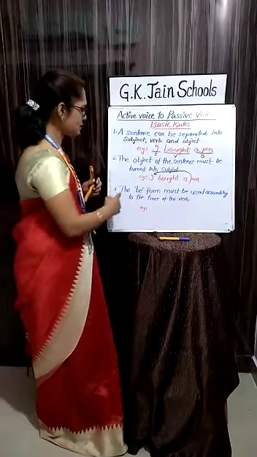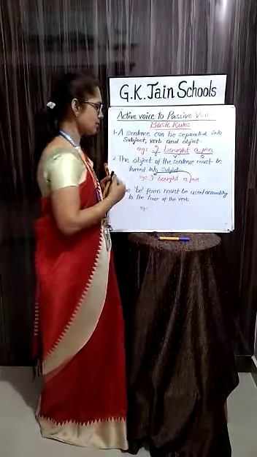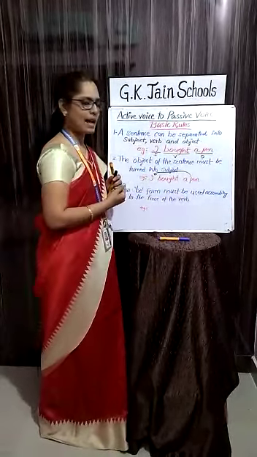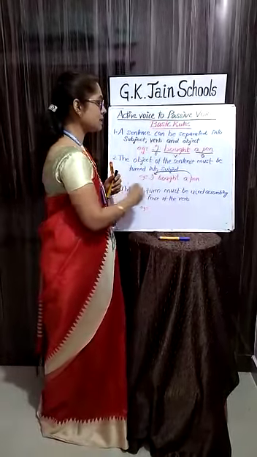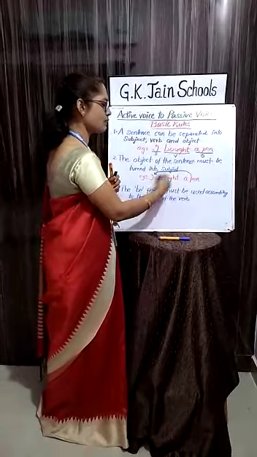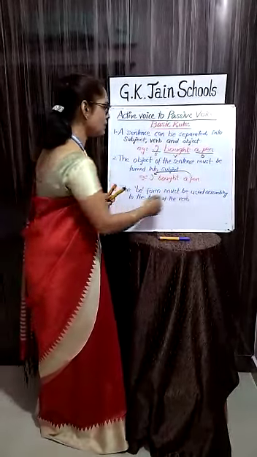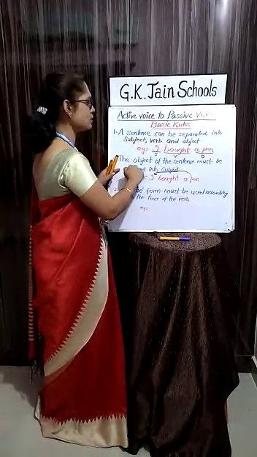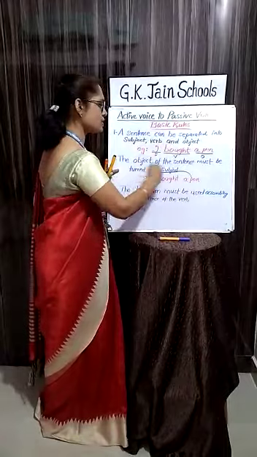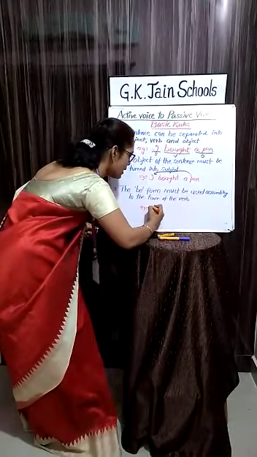Next rule is the be form of the verb must be used according to the tense of the verb. The example I have taken here is I bought a pen and my verb is in the past tense. So now we will begin the sentence with a pen because our second rule is the object of the sentence must be turned into the subject.